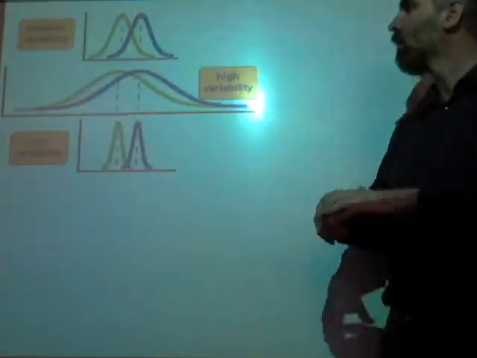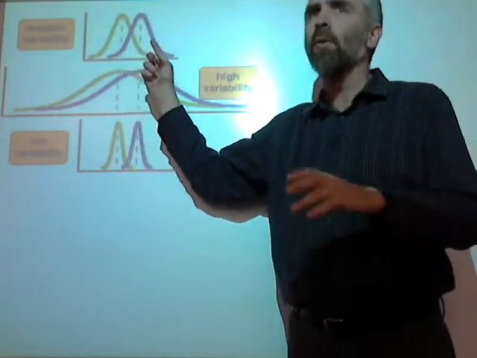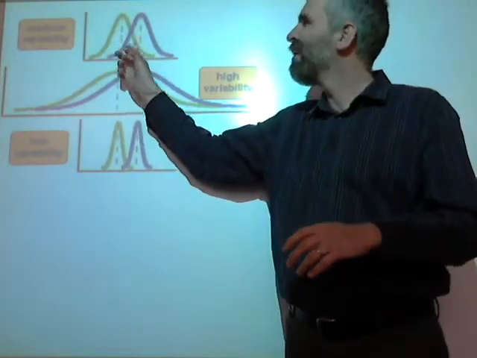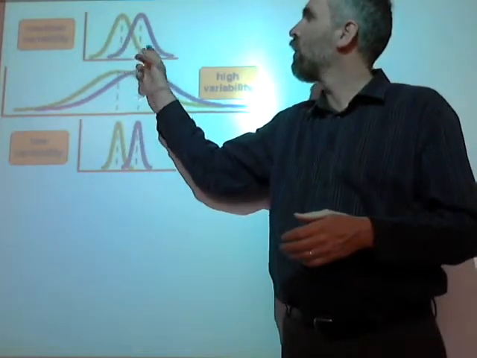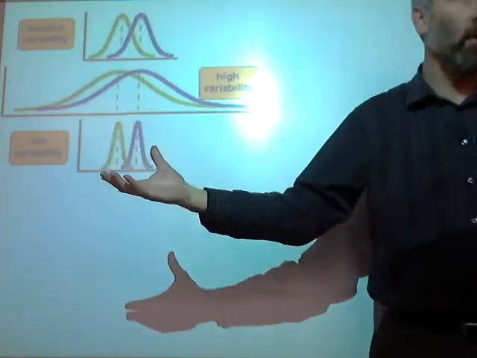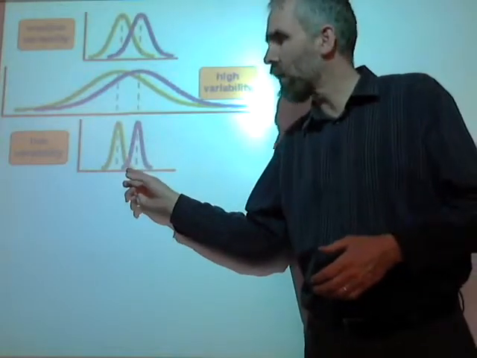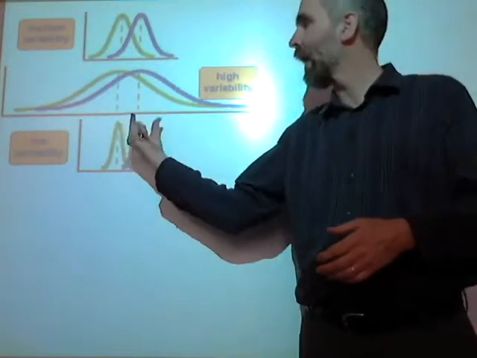This is sharing a medium space, which means there's a pretty good chance, not a great chance, that it could be due to chance that these two overlap. This has a huge area where they overlap, and here there's a very small area. This is kind of what you're looking for, this kind of variability and that kind of mean difference.